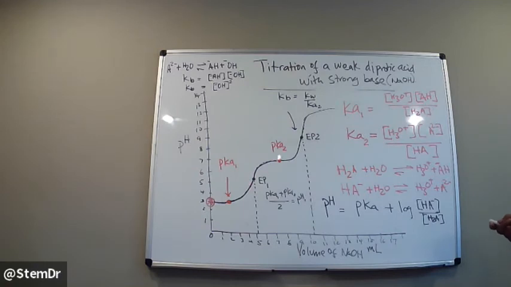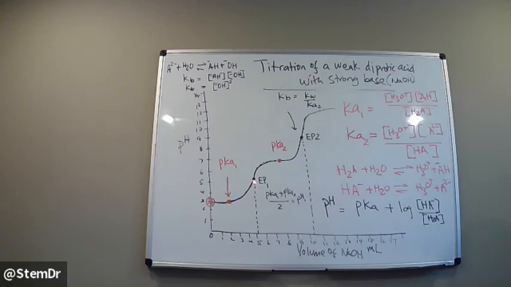So if you have this pKa2, the volume added from endpoint 1 to pKa2, and the next same volume would be added to reach endpoint 2. That means for a diprotic acid, you have 2 protons.